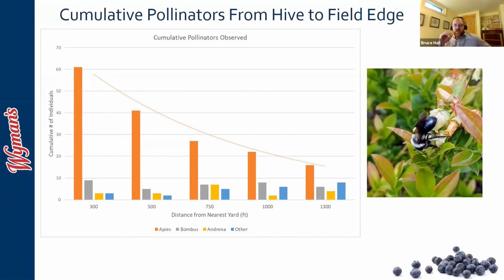And the data, what you're looking at here is cumulative bee visitation data. So this is data that was collected on 4 different days, the same exact site. The distances are relative to the nearest honeybee yard, which has 48 honeybee colonies in it. And as you leave that yard and move away from it, you're walking a transect directly to the forest edge.